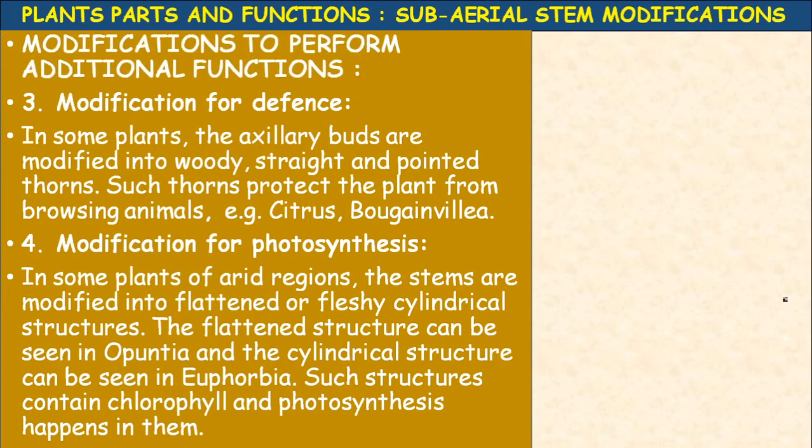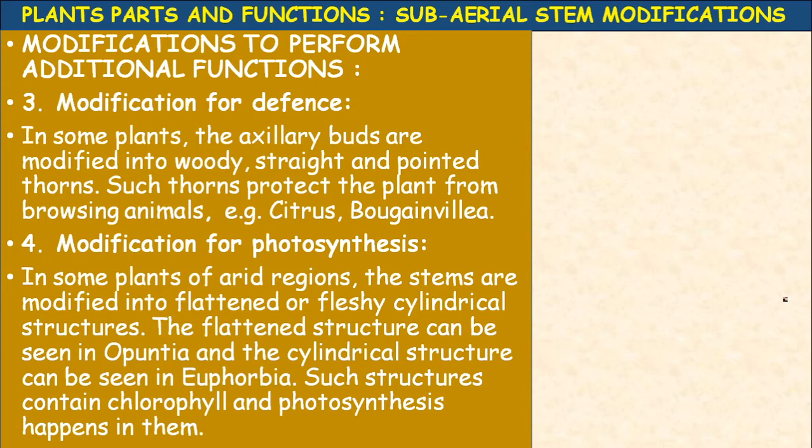Next, the modification for defense. In some plants, the axillary buds are modified into woody, straight and pointed thorns. Such thorns protect the plants from browsing animals. We already discussed the thorns.